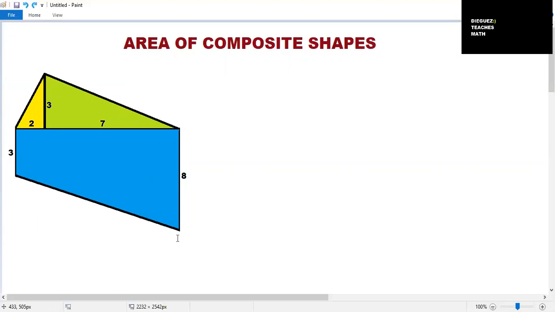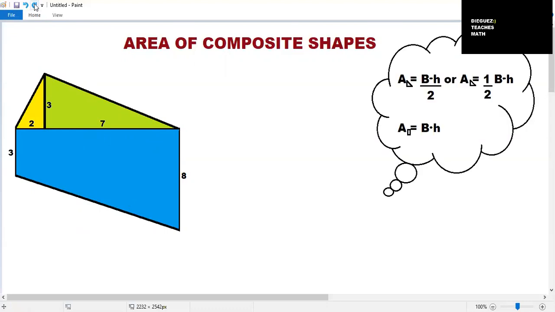So instead, I'm going to create this imaginary line here. And if I create that imaginary line, it creates a rectangle and a triangle down here. So the formulas that I need are going to be for a triangle and for a rectangle.